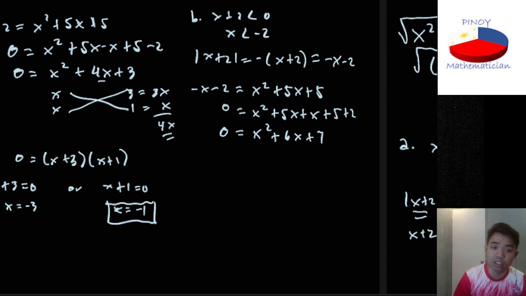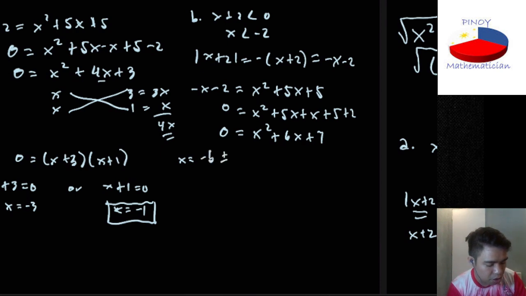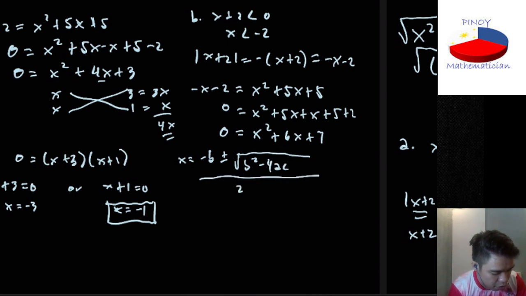So we cannot factor this easily. You cannot find factors of 7 that add up to 6. So what we need to do is to use the quadratic formula. x equals negative b plus and minus the square root of b squared minus 4ac, all over 2a.